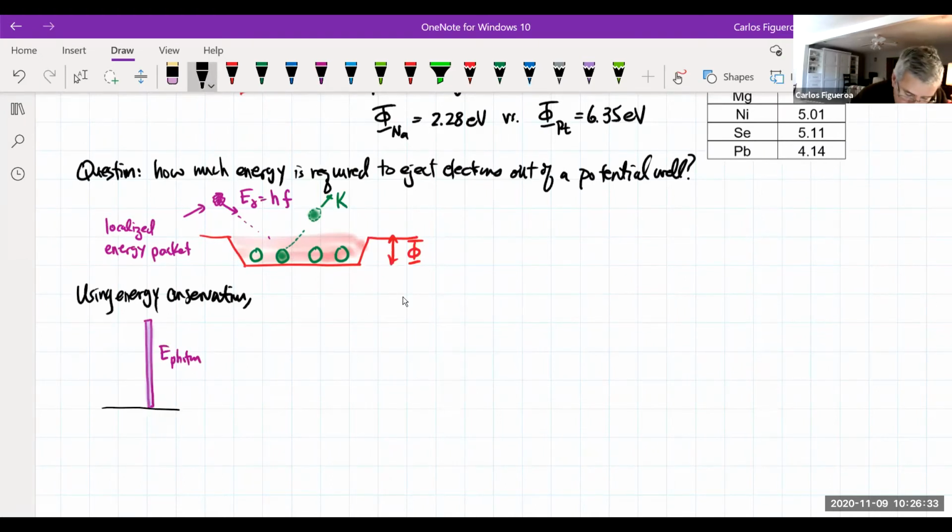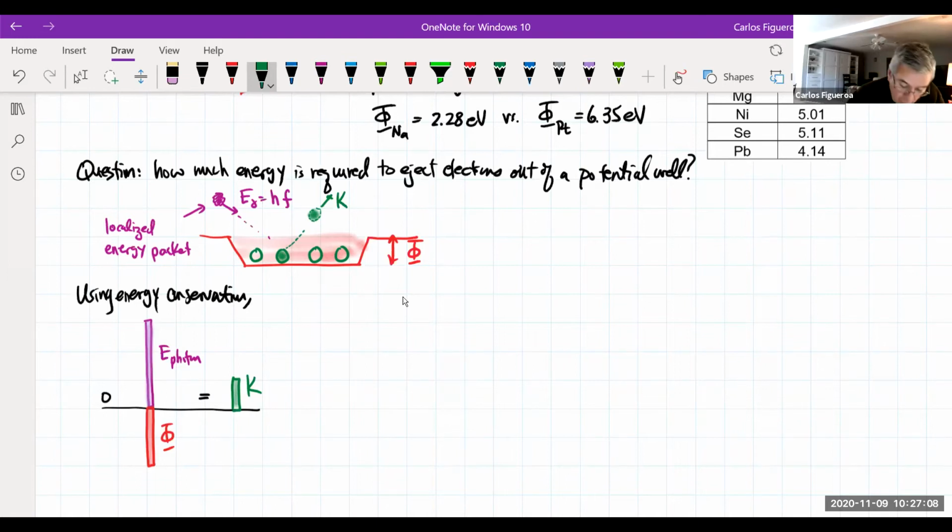And then, since this is my zero value, the well is below the ground. So then the well has a certain amount of potential energy here, which is negative. And then afterwards, I can eject this thing to get a certain amount of kinetic energy for this electron right here.